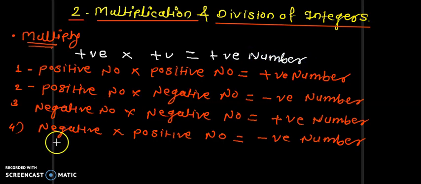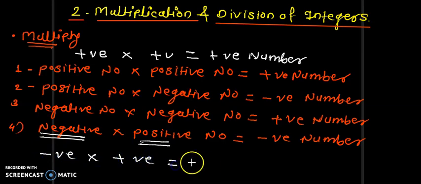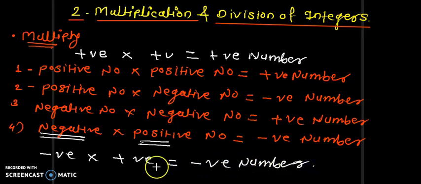Okay, first is negative number, second is positive number, is equal to negative numbers. This is the rules of multiplication and rules of product.